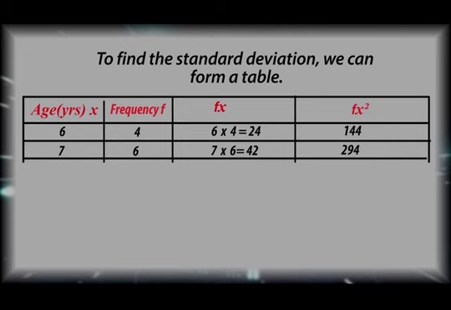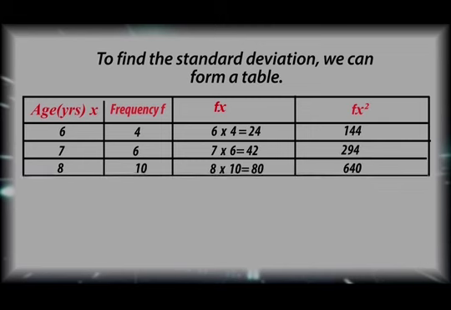The frequency is 6. So we have 7 times 6 to be 42. And then we have 294 for 6 times 7 squared. In the next one, we have the age to be 8. Frequency is 10. So we have 80. And then we have 640.